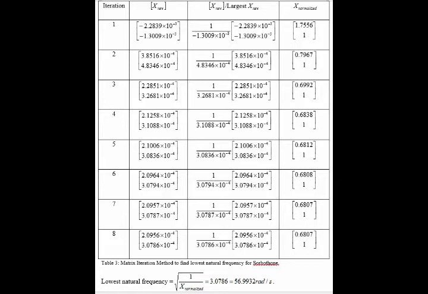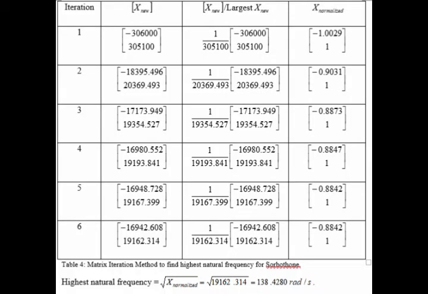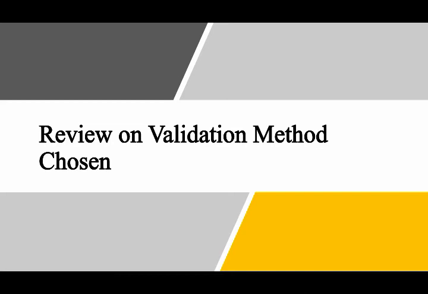We made eight matrix iterations, and we got the lowest natural frequency of 56.9932 radian per second, while the highest natural frequency of Soboton is 138.4280 radian per second.